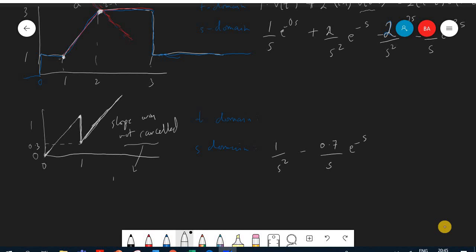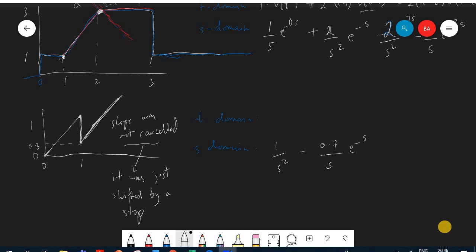It was just shifted by a step, taking it up or down. In this case, it brought it 0.7 units down. So that was 0.7 over s times e to the power minus s. So that's all. That's the solution, because the continuation of that thing up is just the continuation of the slope, which was not cancelled. Okay, so I hope that you got the idea of it.